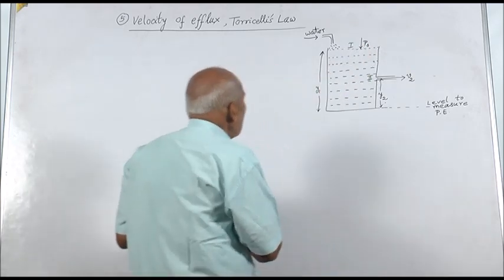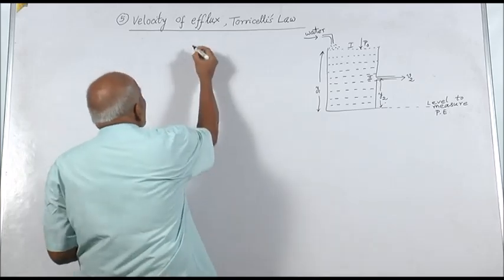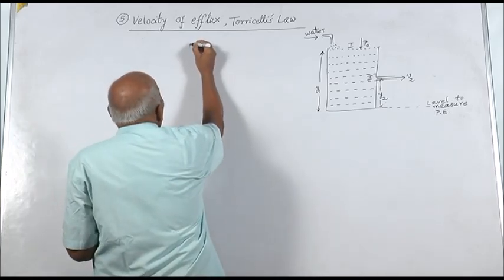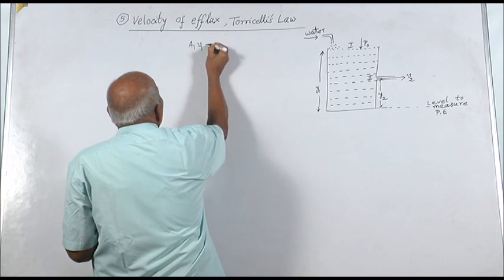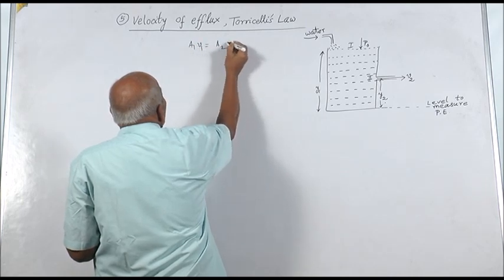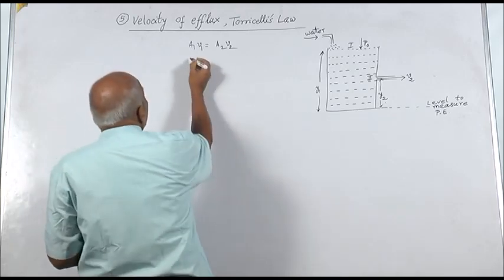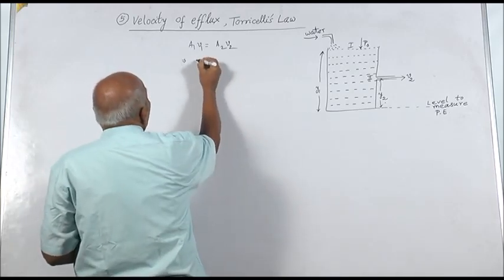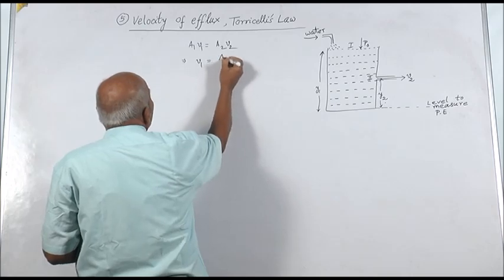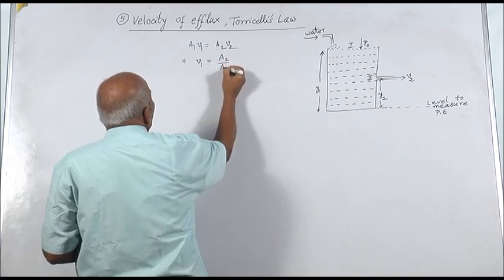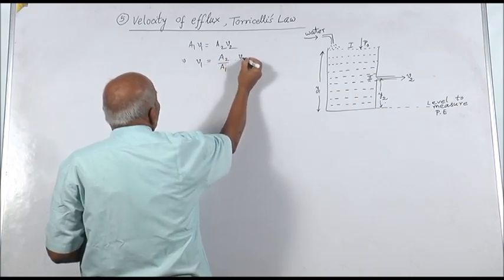Then the question is, what is the velocity v1 here? P0 is the atmospheric pressure. So, A1 V1 is equal to A2 V2. This is your equation of continuity, and from this we see that V1 will be A2 by A1 into V2.